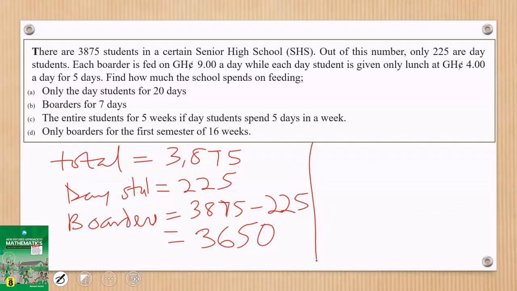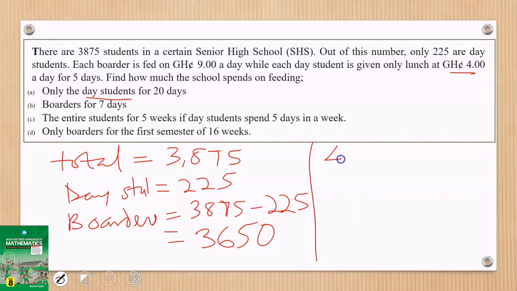Now, the first question says that we are to find how much the school spent on only the day students for 20 days. Every day they spend 4 cedis.